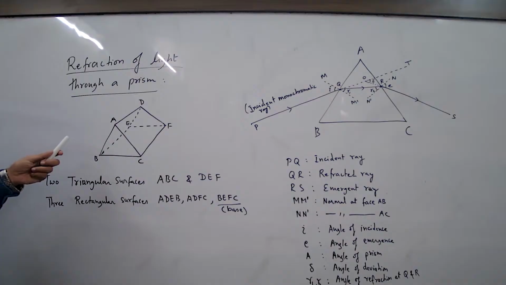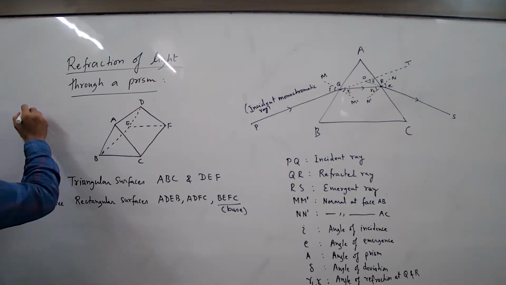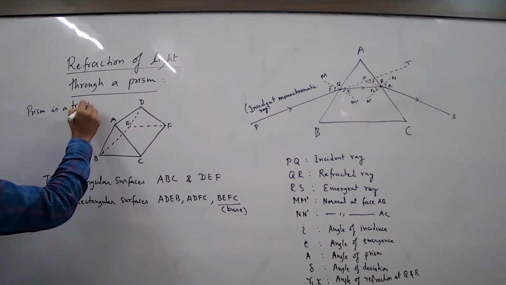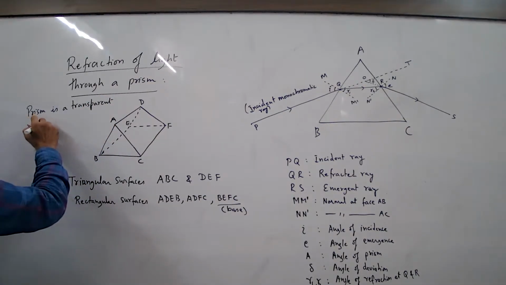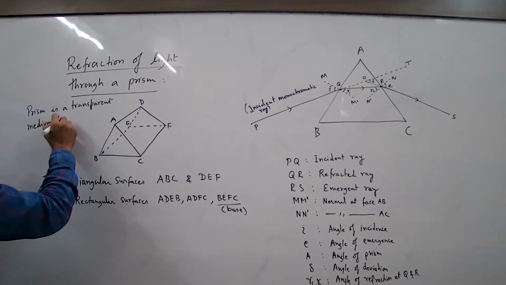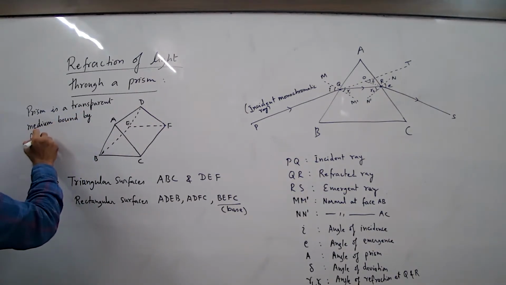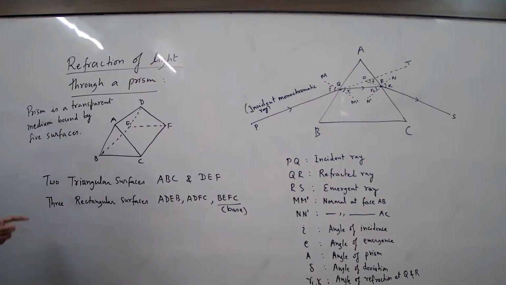So everybody understood what is a prism? A transparent medium bound by plane surfaces, with two triangular and three rectangular. Okay, two triangular and three rectangular, just like this.